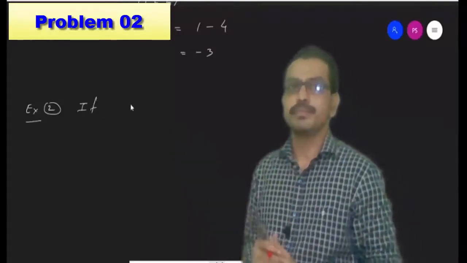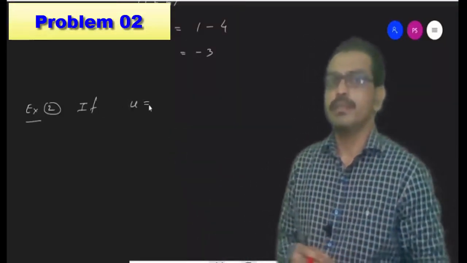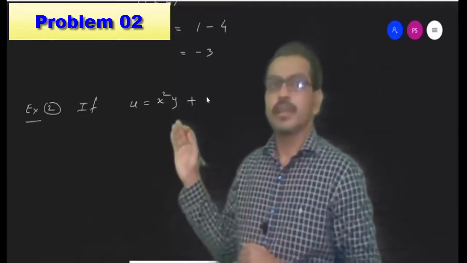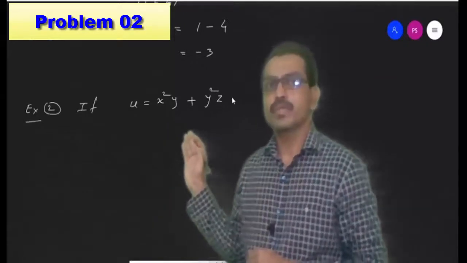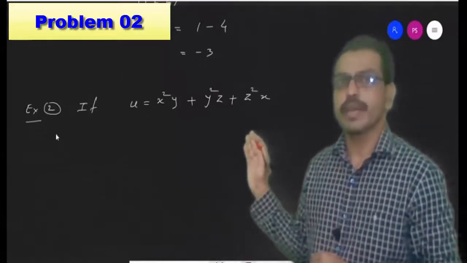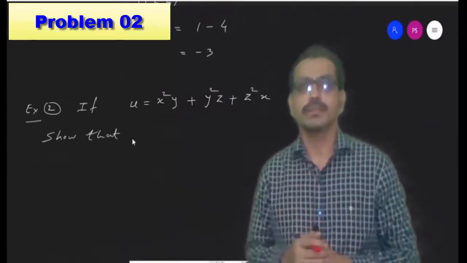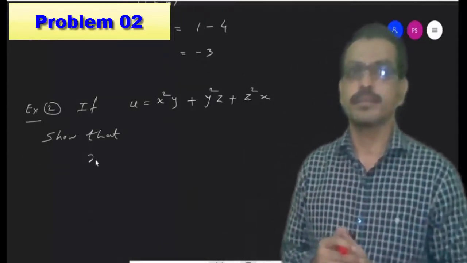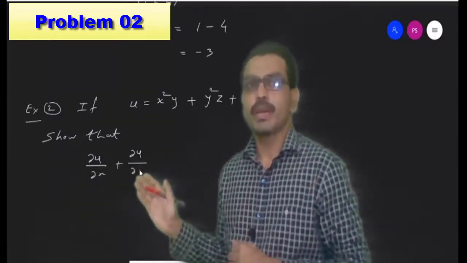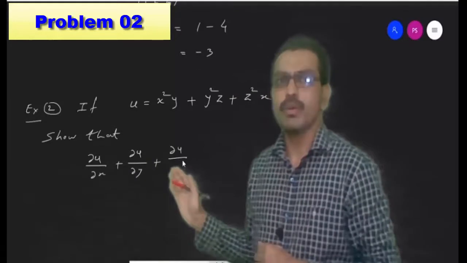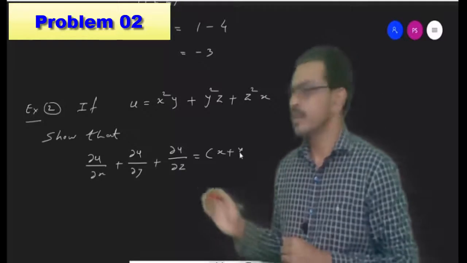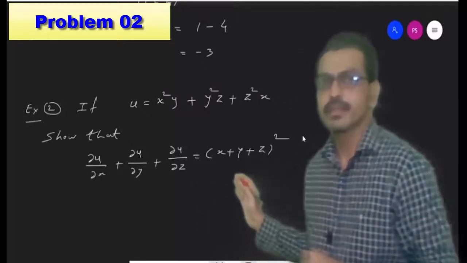Second problem. If u is equal to x²y + y²z + z²x, show that ∂u/∂x + ∂u/∂y + ∂u/∂z is equal to (x + y + z)².